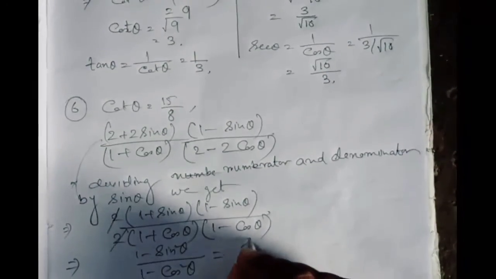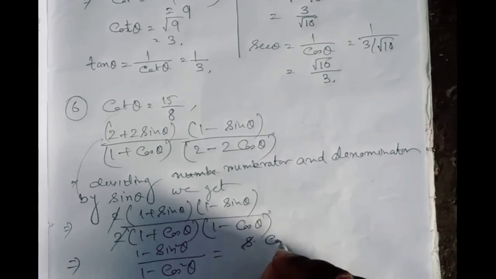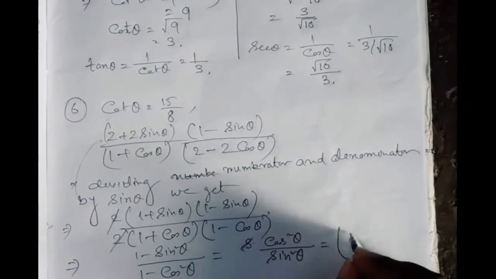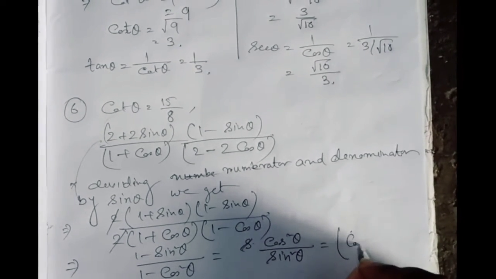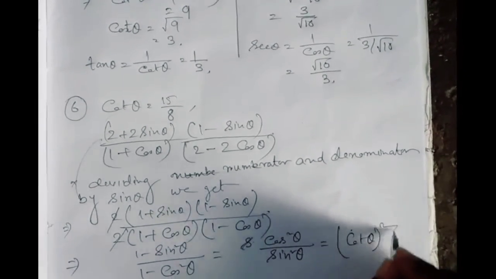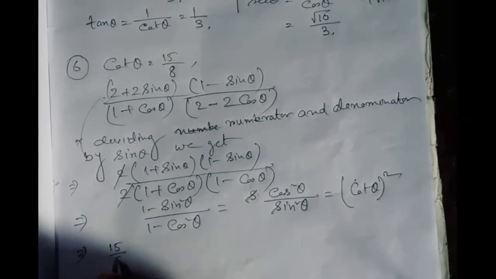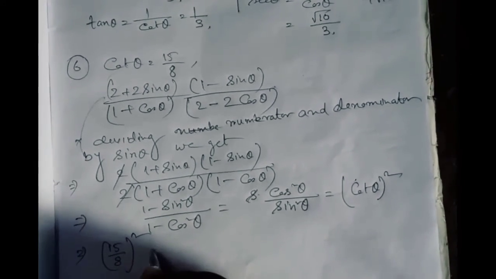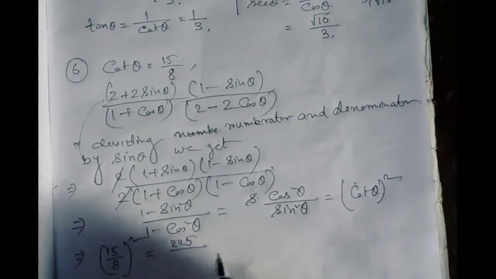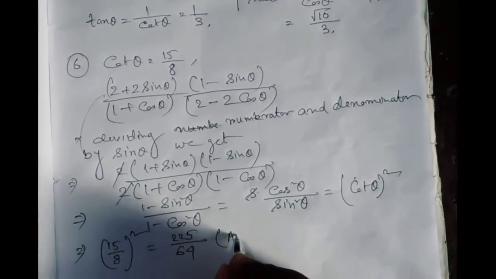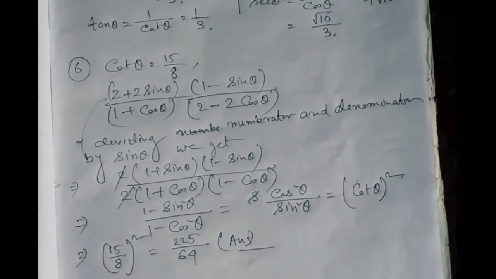So that implies this is cos square theta by sin square theta, that equals cot theta whole square. Now the value of cot theta is equal to 15 by 8. So we can write 15 by 8 whole square, that equals 225 by 64. That will be the answer.